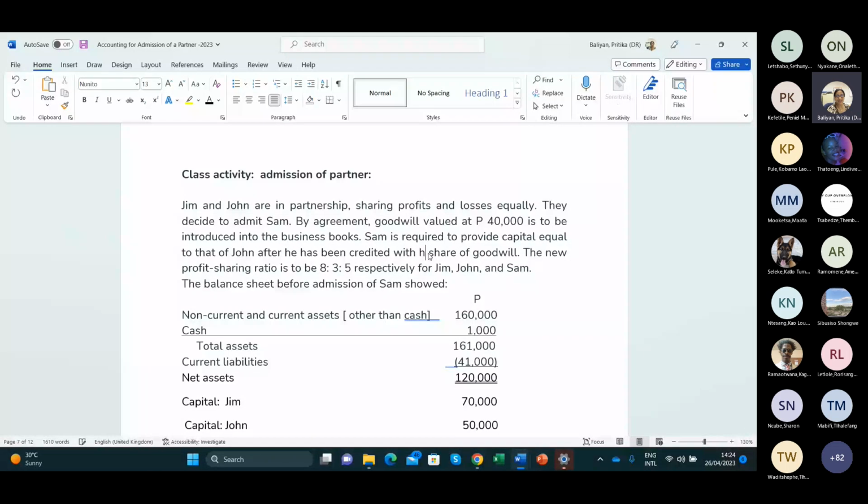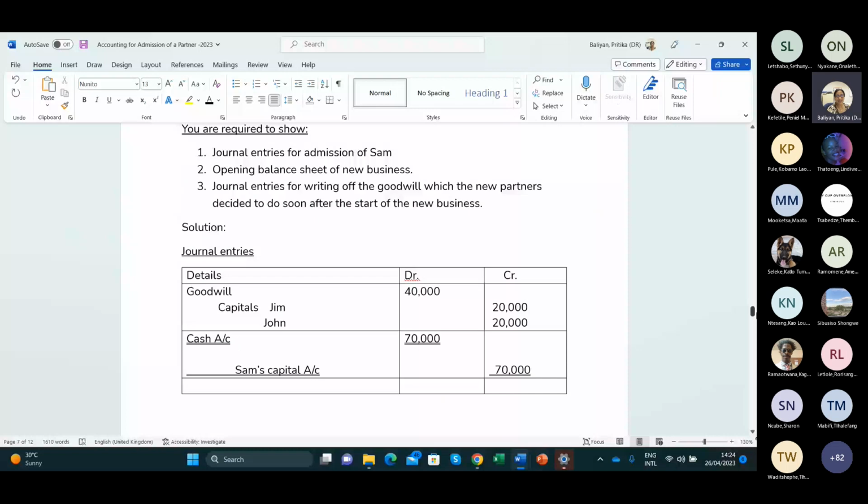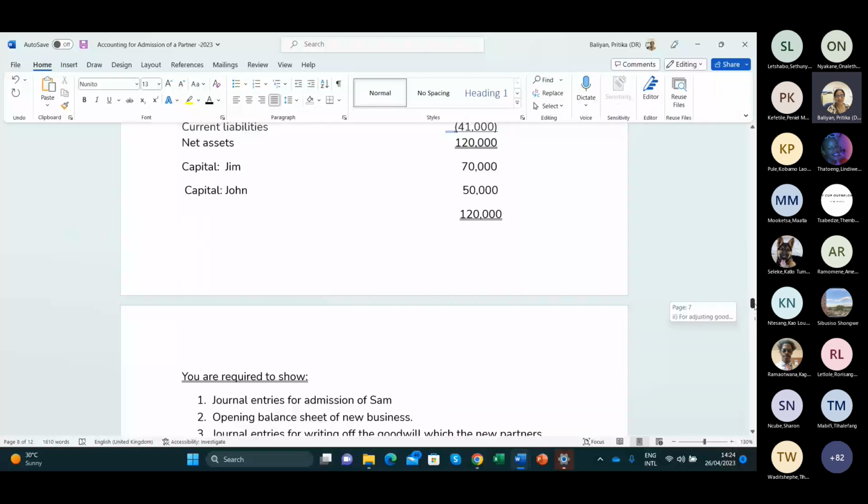So how much is John's share of goodwill in the old business? How much share does he have? 20,000, right? And previously, how much capital did John invest in the business?